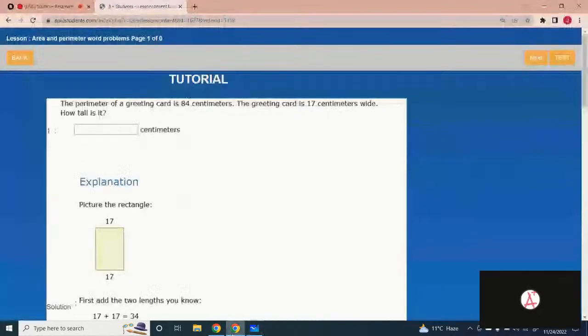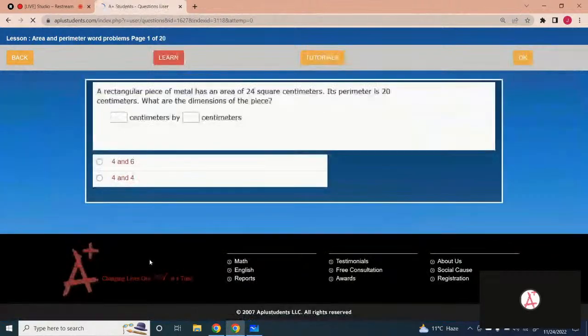Okay, let's start with the test questions. The first one is, a rectangular piece of metal has an area of 24 square centimeters. If the perimeter is 20 centimeters, what are the dimensions of the piece? Got it? So it's a rectangular shape.